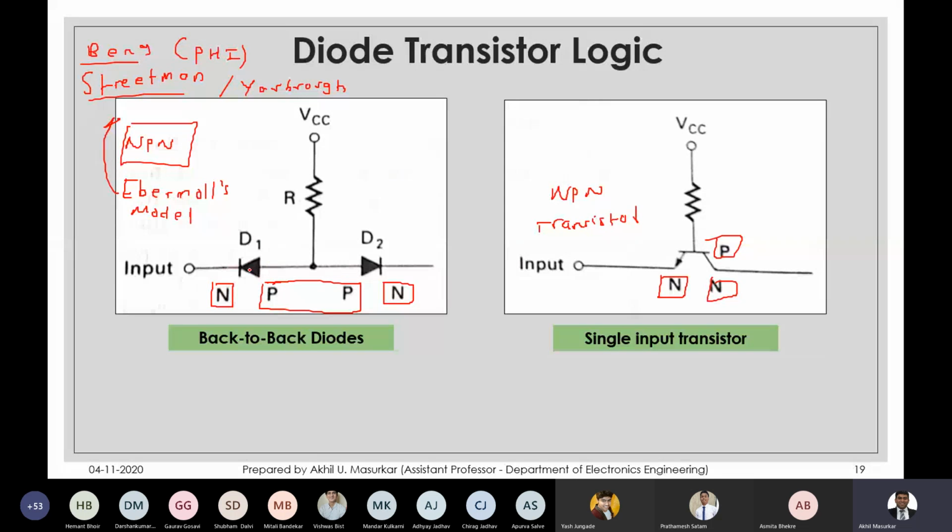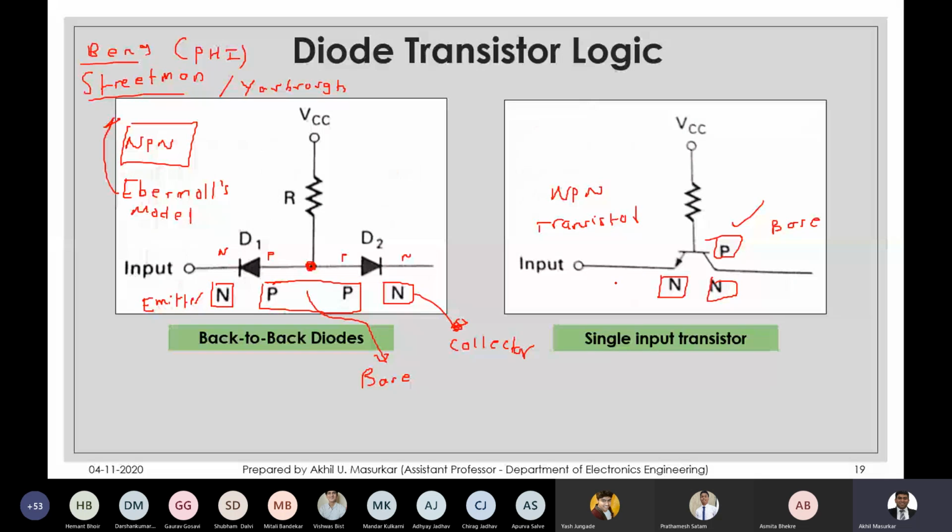You can just see two back-to-back diodes with the anodes common. This is the N side, this is the P side, this is the P side, this is the N side. So we can club the P sides and take one common terminal out from there and call it the base, and this side will be the emitter, and this would be the collector.